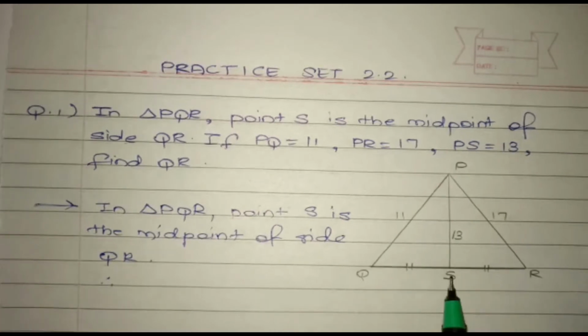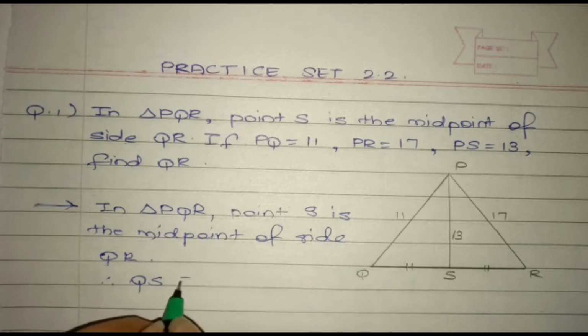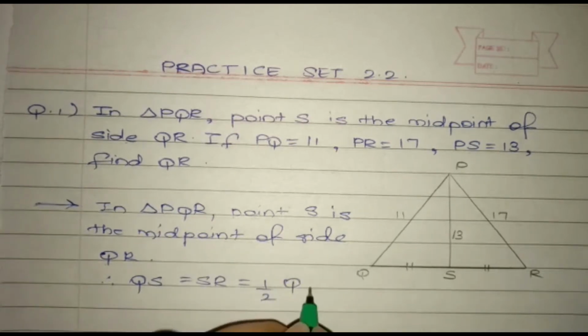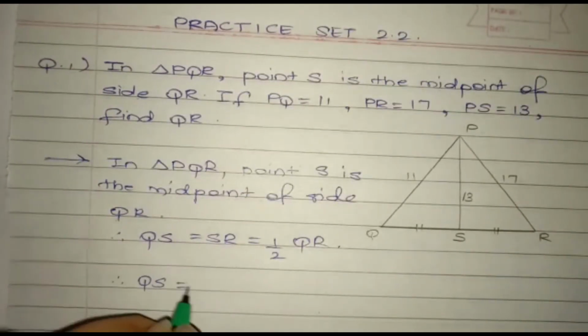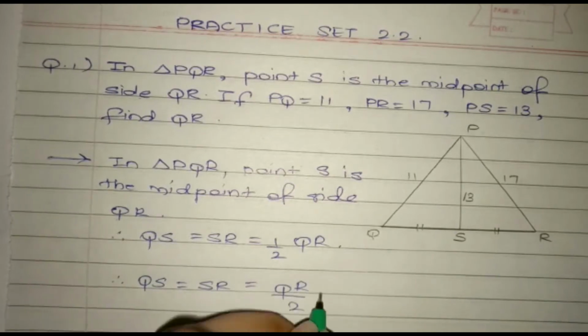It means that QS is equal to SR, and QS is half of QR and SR is also half of QR. So we will write, therefore QS is equal to SR is equal to half of QR, that is QR upon 2.